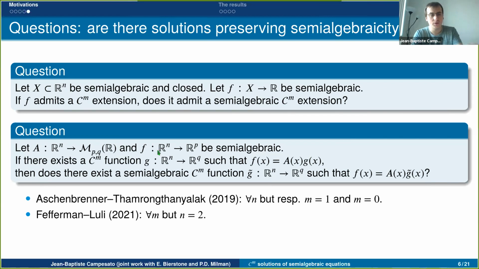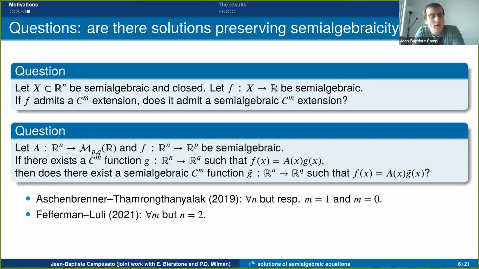So the existence of a continuous solution implies the existence of a continuous semi-algebraic solution. And their proofs rely on a definable version of Michael's selection lemma.